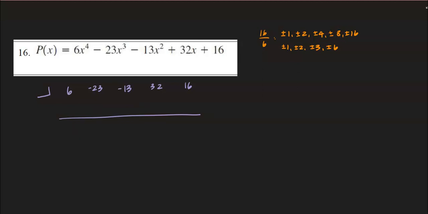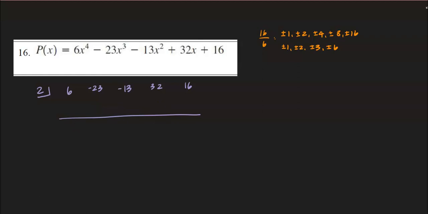Okay. Next one, 2. 6, 12 is negative 11, negative 22, negative 35. I think that's going to maybe possibly be too big. It's a negative 70. That's a minus 38. It's going to be too big.